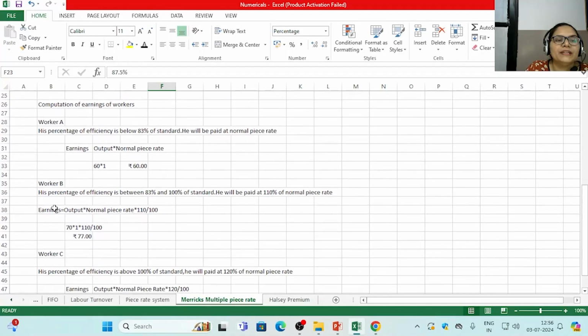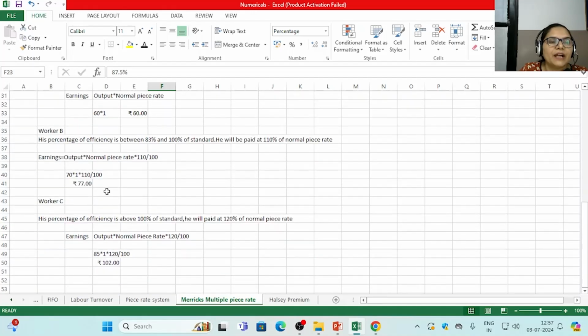So worker B, his percentage of efficiency is between 83 and 100%. We will again input the formula: output into normal piece rate into 110 divided by 100. 70 into 1 into 110 divided by 100, which will give you rupees 77.